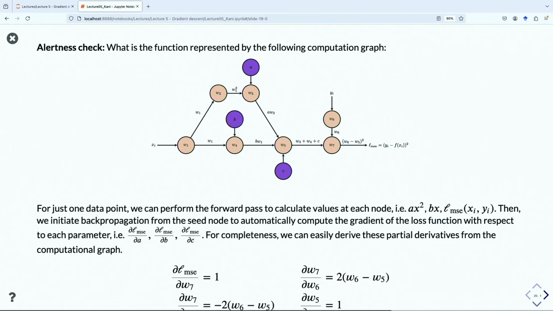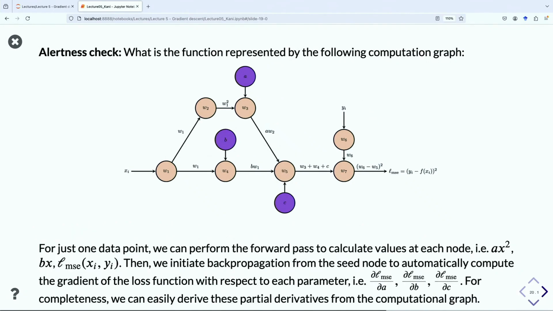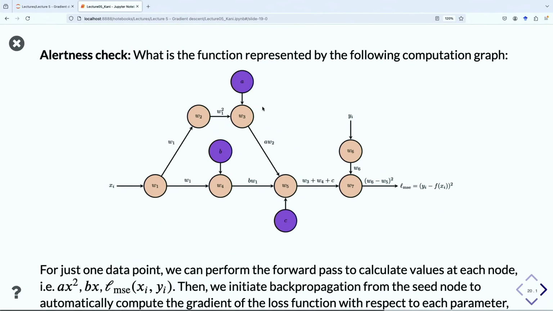So we have a particular computation graph here. Could anyone quickly tell me what function this is representing? We have x, so there's one input, and then there are a couple different parameters.